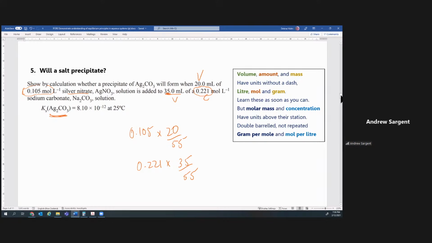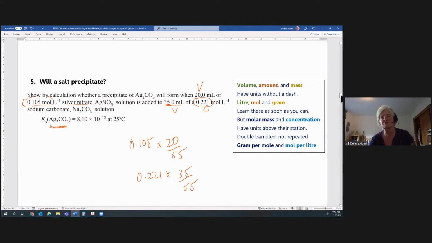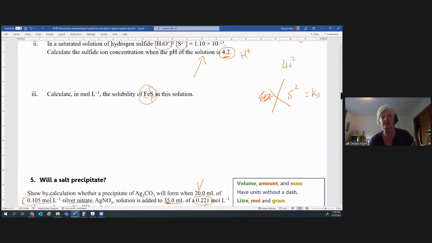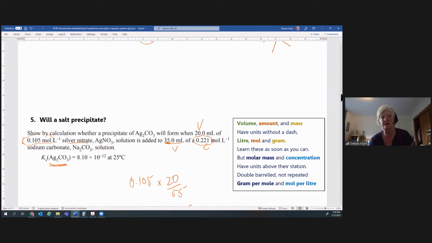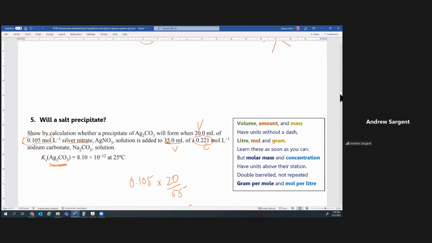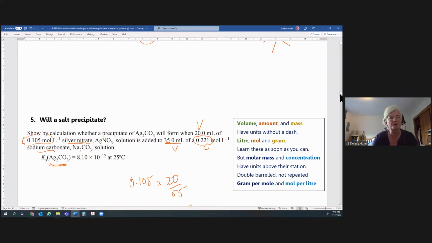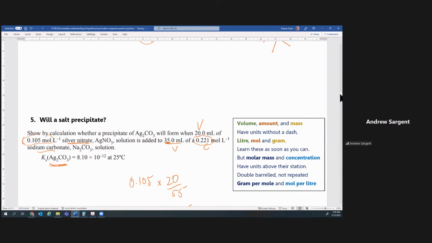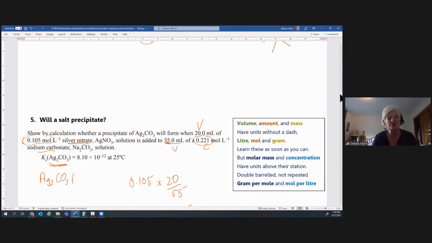Well, you would just say aqueous, because everything is happening in solution. But if it's a precipitate, so for instance, this is all aqueous and that's all aqueous. But if I was writing my Ks expression or equation, then it would be Ag2CO3 solid, and then the equilibrium arrow. And let me just tidy this up.